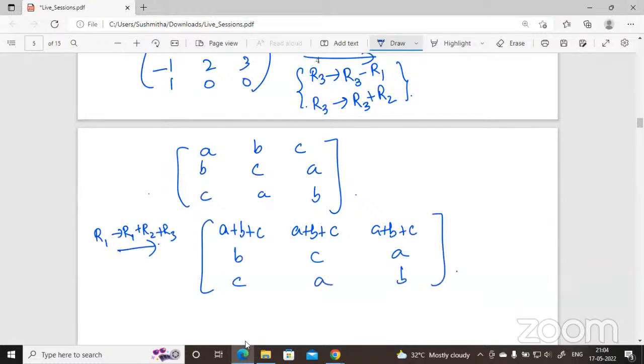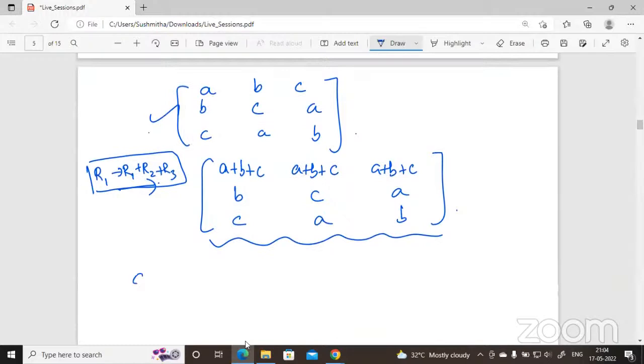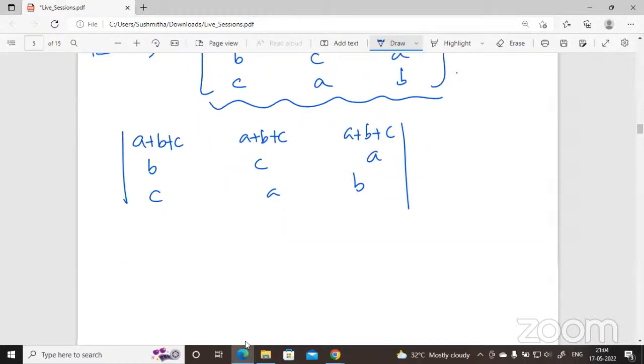The determinant of this matrix is going to be equal to the determinant of the original matrix because this does not affect the determinant, right? The rows below are B, C, A and C, A, B. This is what you want to calculate.